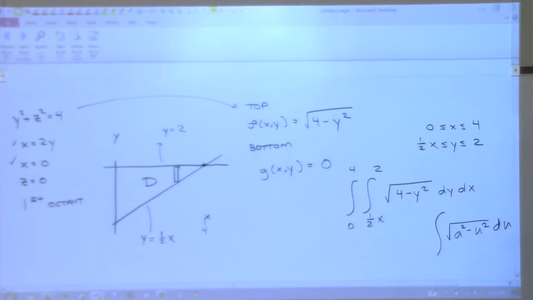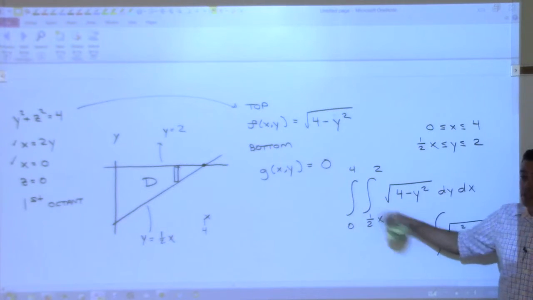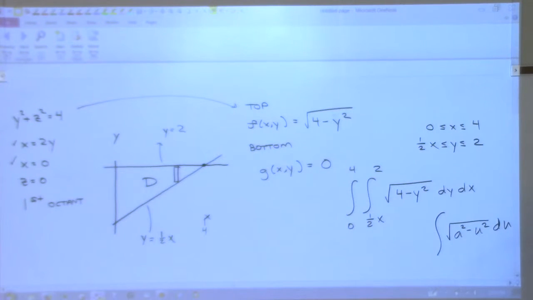Because it looks like there were 3 forms. You could get constant squared minus variable squared, or you could have constant squared plus variable squared. Variable on the outside? Not for trigonometric substitution. Yeah, like the Pythagorean identity has to be in there somewhere.